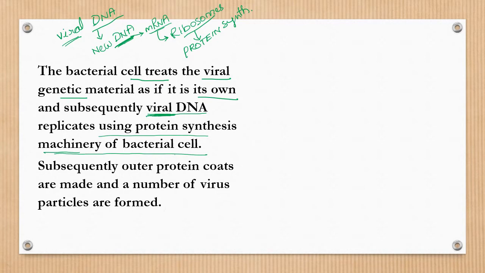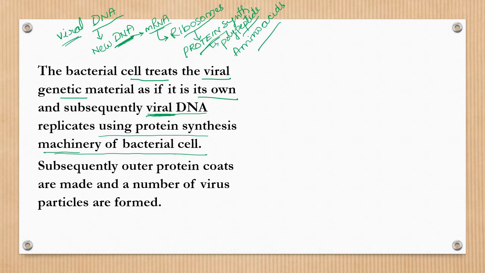So what is required for protein synthesis? A protein is a polypeptide; proteins have polypeptide chains, and the polypeptide chains are formed by amino acids. The amino acid sequence information is present in DNA.